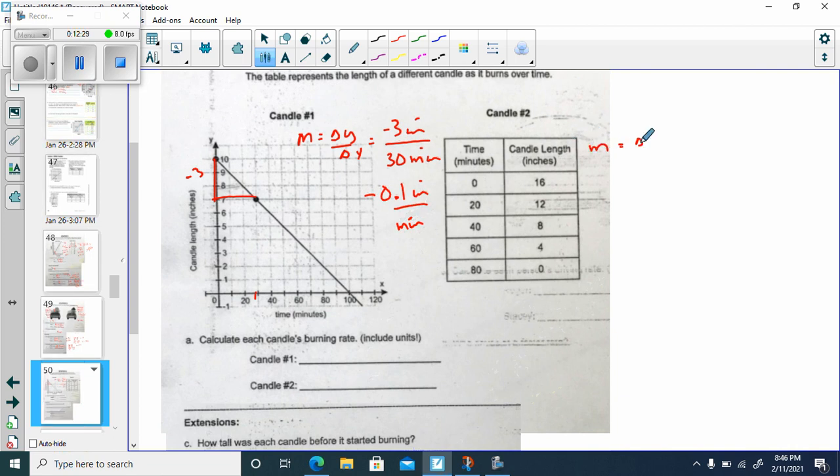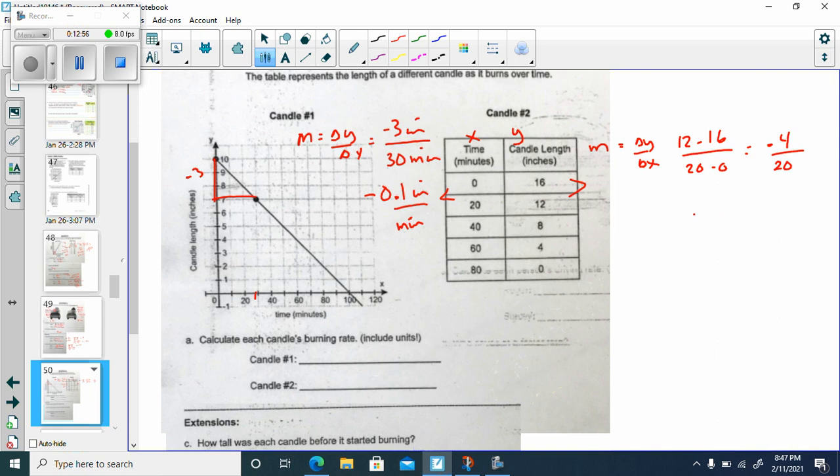M is equal to change in y over change in x. Here's my x, here's my y, because x comes first, y comes second. The change in x would be 12 minus 16 over 20 minus 0. See how the 12 and 20 go together? 16 and 0. 12 minus 16 is negative 4 over 20.